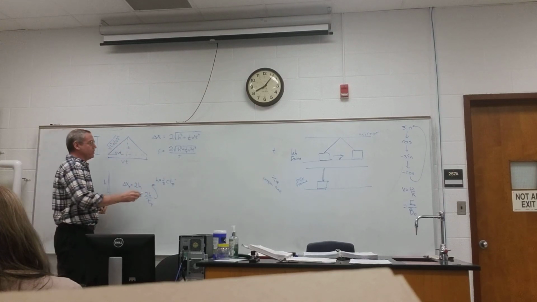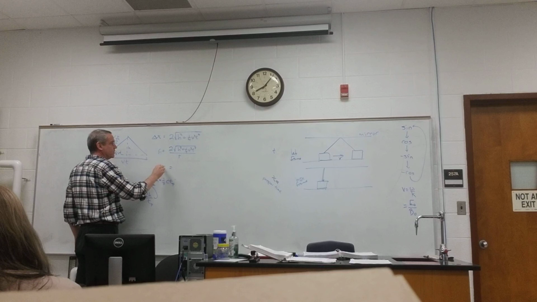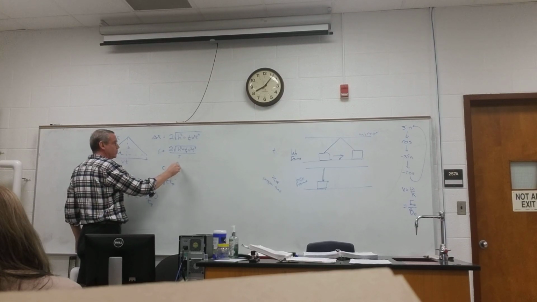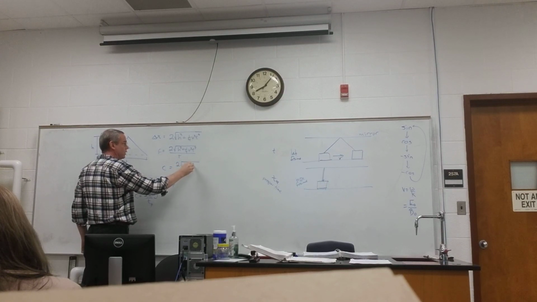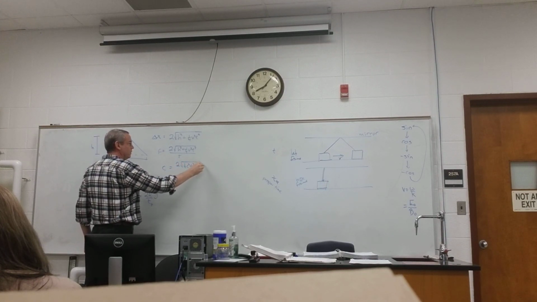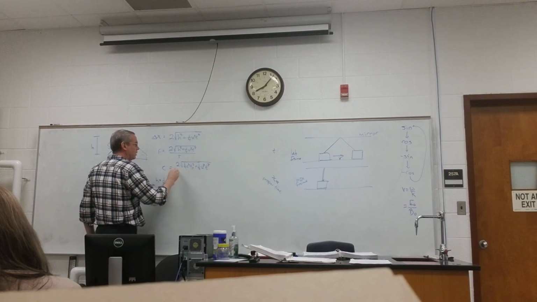Plug that into the equation up here, and I get c is equal to 2 square root of 1/4 c squared proper time squared plus 1/4 v squared t squared, over t.